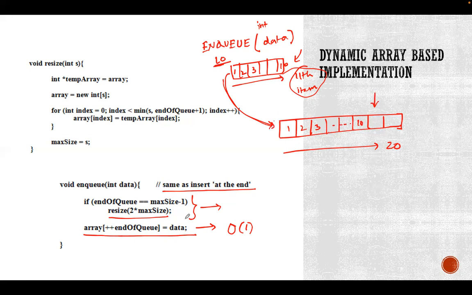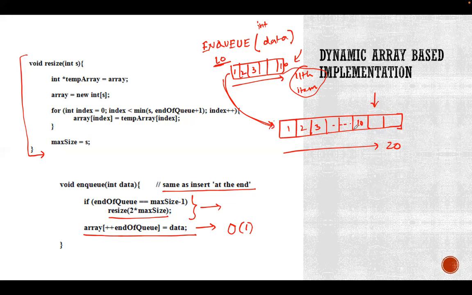This is the resize function here. You can see that resizing means we declare a new array with double our current size, and we copy all the values from our old array to the new array.